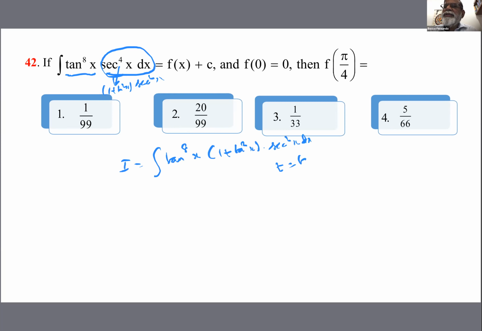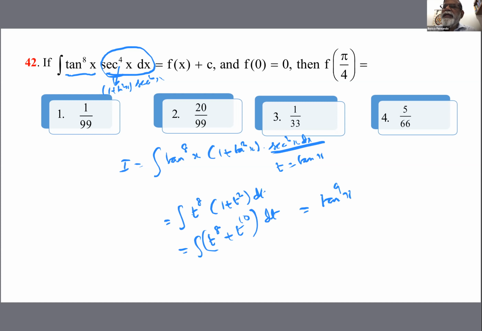Put t is equal to tan x. Then it will become t to the power 8 into 1 plus t squared into dt. Secant squared x dx is dt. So it is t to the power 8 plus t to the power 10. Integrating, t to the power 9, that is tan to the power 9x by 9 plus tan to the power 11x by 11 plus c.